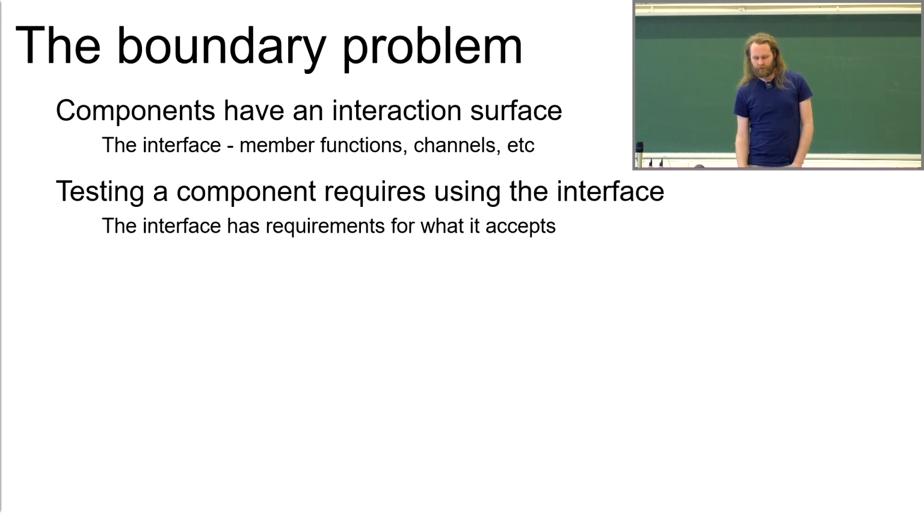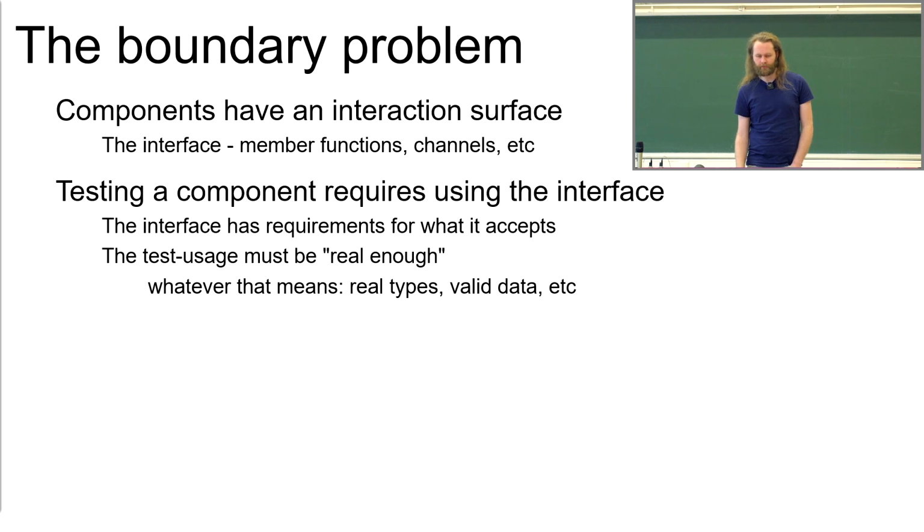And the interface has some requirements for what it accepts, right? The member functions can't take random parameters, they can only take the things that they can take. And when we're testing it, we want to test it with some data that is real enough that we can actually test that it does the right thing and not just garbage in, garbage out. So we need to give it real types, valid data, all of that good stuff.